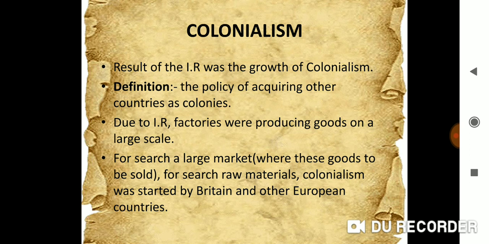So both for such a large market and for collecting raw materials, colonialism was started by Britain and other European countries.